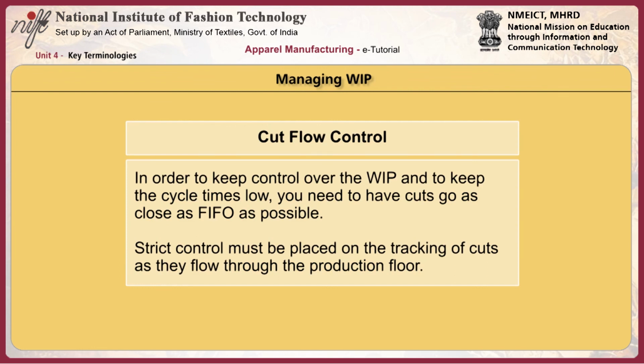In order to keep control over the work in progress and to keep the cycle time low, you need to have cuts go as close to first in, first out as possible. For this reason, strict control must be placed on tracking the cuts as they flow through the production floor.